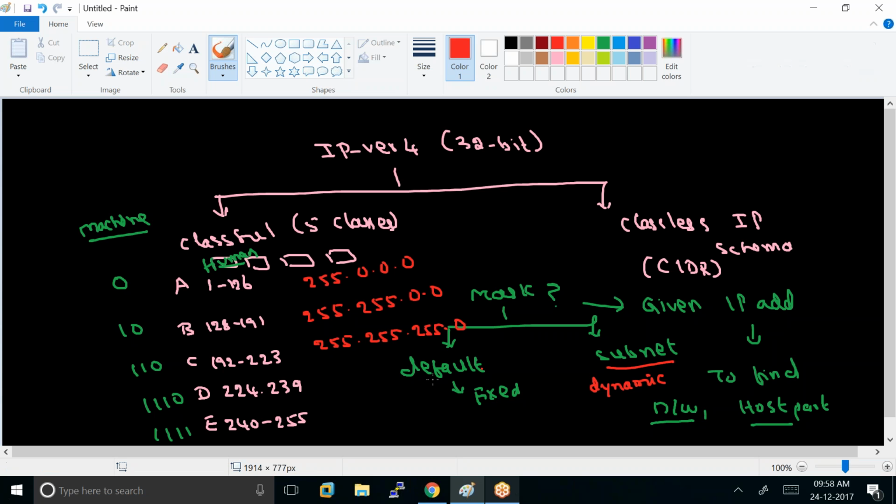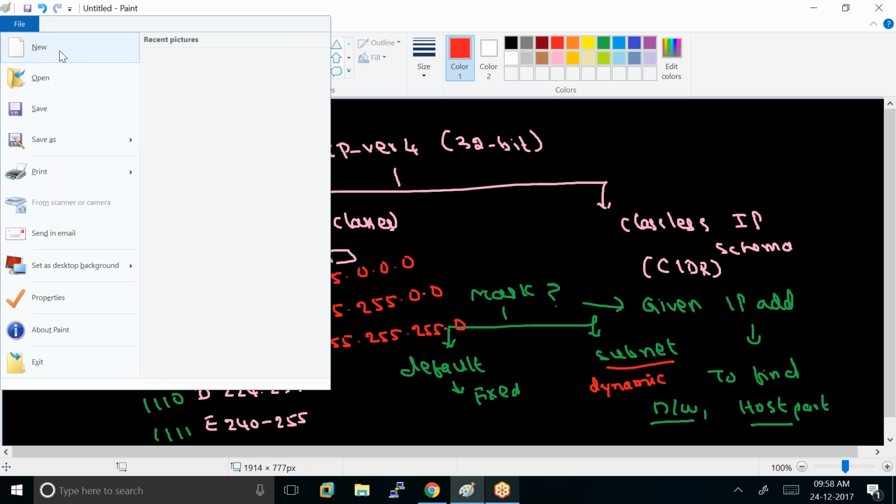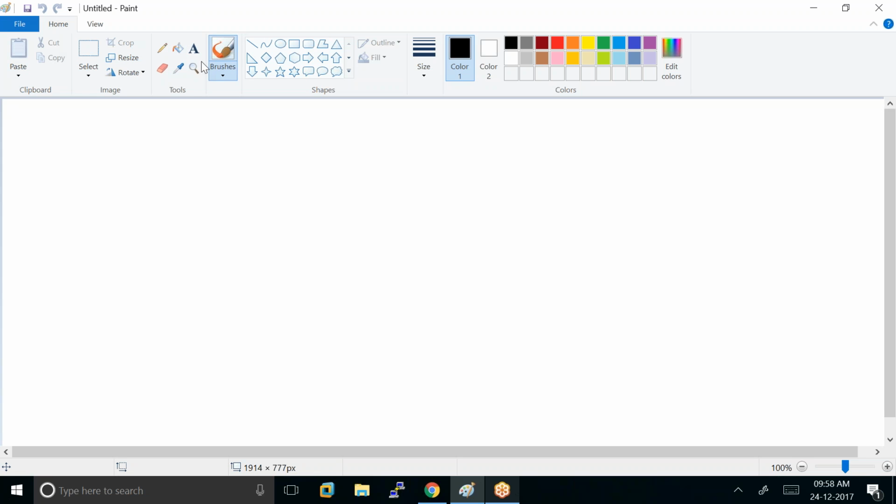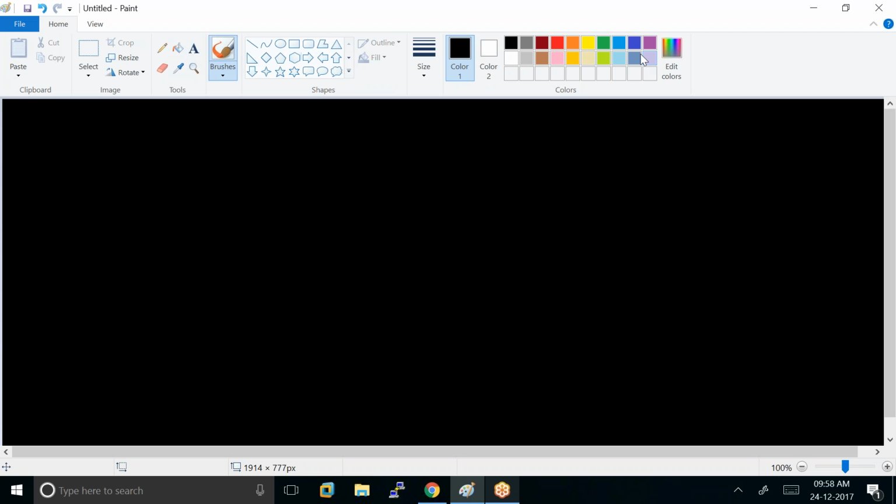So given an IP address, to find the network part, the default mask is fixed. How you can identify, let me discuss now. For example, this IP address is 195.100.10.7. First, you need to find out which class it belongs to.